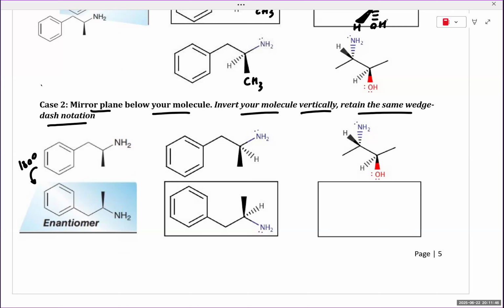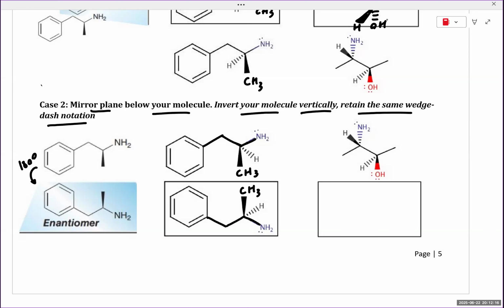As you can see, our original molecule, the skeleton, is pointing up, down, up. So rotating 180 degrees, it now goes down, up, down. So the carbon skeleton has been rotated vertically 180 degrees, but the dash wedge notation still stays the same. The methyl still has a wedge. It ends with a wedge.